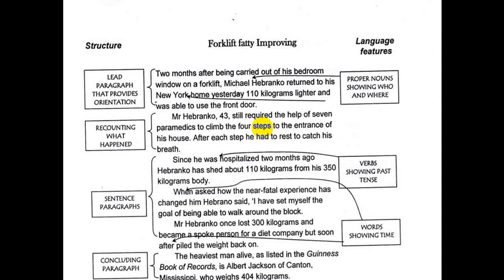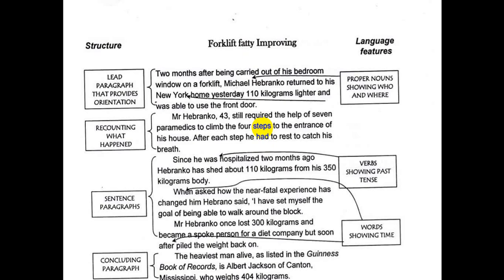First of all, we should consider the structure and language features before analyzing the text. On the left, you can see the structure: the lead paragraph provides orientation, the first paragraph which makes us aware of the information. On the right side, you can see the language features used in the paragraphs: proper nouns showing who and where. Let's read the first paragraph together.